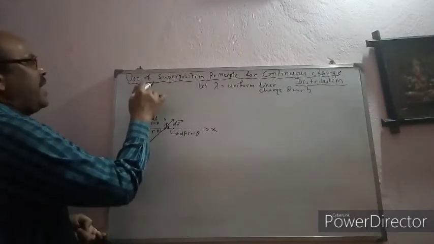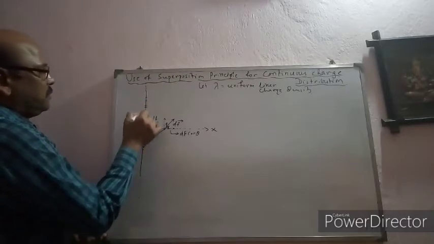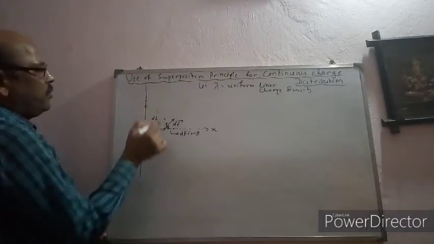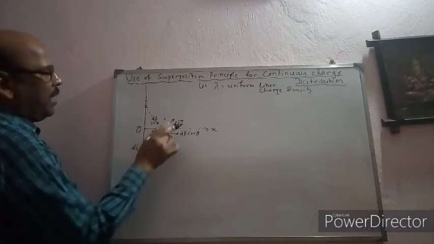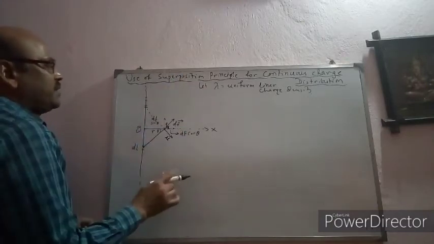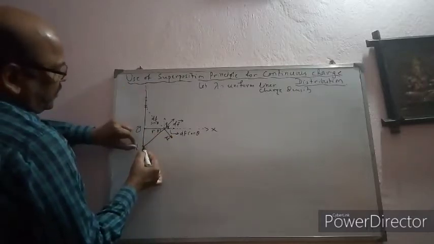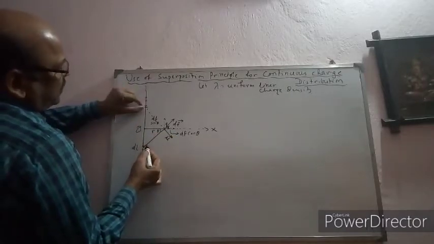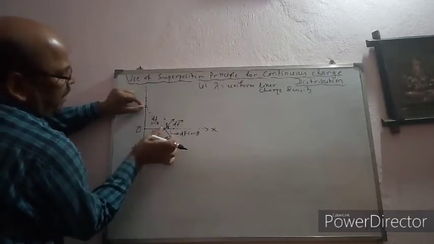So for every element dl in the lower half of the conductor, we can get a corresponding element dl in the upper half of the conductor at the same distance from the point O, so that the component of dF along the y-axis gets cancelled. If I choose the element here, then the dF will be along this shown direction, dF dash.